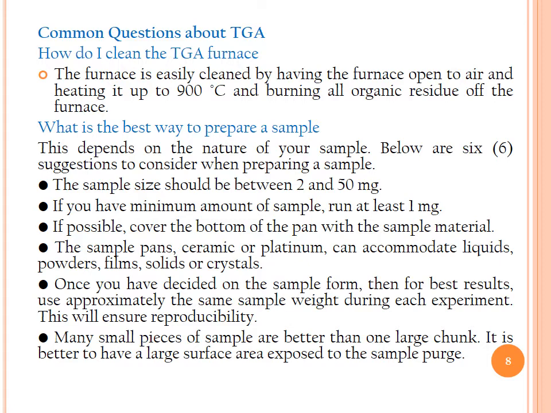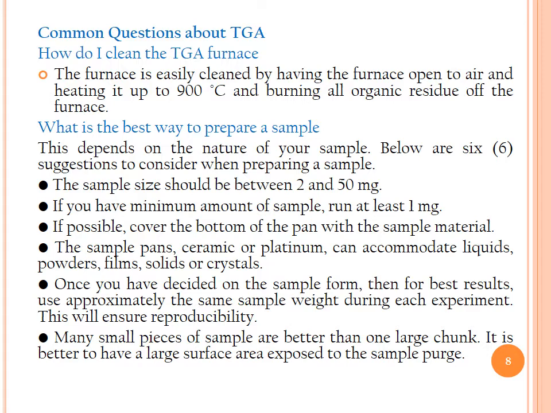If possible, cover the bottom of the pan with the sample material. The sample pan may be ceramic or platinum, and can accommodate liquids, powders, films, solids, or crystals. This means any type of analysis can be performed by TGA.